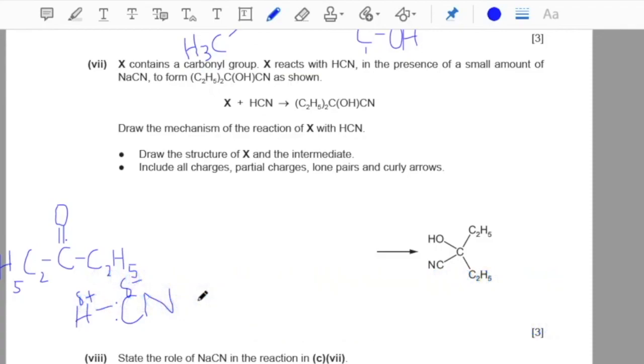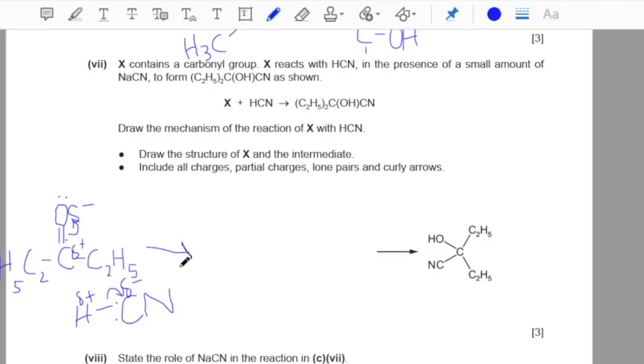The next step, or the second step, is breaking the C=O double bond, where again oxygen takes both the electrons. So oxygen will be given a partial negative charge and carbon will be given a partial positive charge. And I'll have to show this with the help of an arrow that both the electrons have been taken away by the oxygen, and over here both the electrons were taken by the cyanide ion, and now oxygen has a lone pair of electrons.